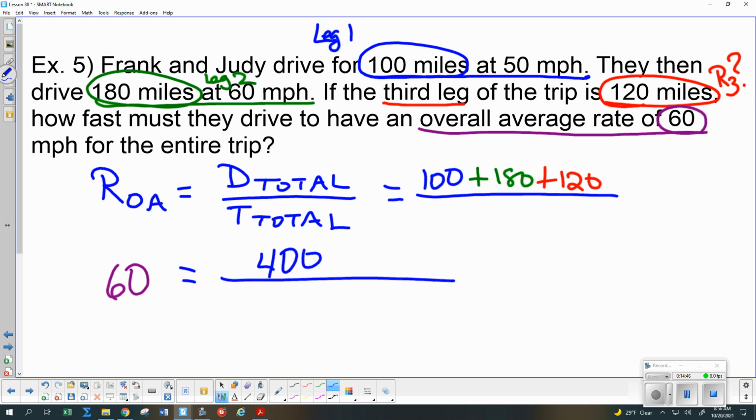So if I think about the first leg, rate 1 times time 1 has to be distance 1. So rate 1 was 50, times time 1 has to be 100. So time 1 needed to be that distance divided by that rate, which is how much?